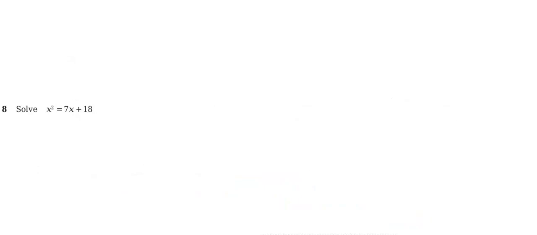And in the case of this question, we have to solve a quadratic. To solve a quadratic, you have to make it equal to 0. So x squared minus 7x minus 18 equals 0. We want two numbers which multiplied together make minus 18 and added make minus 7. So the fact that when multiplied together they make minus 18 means there are different signs, one plus, one minus.